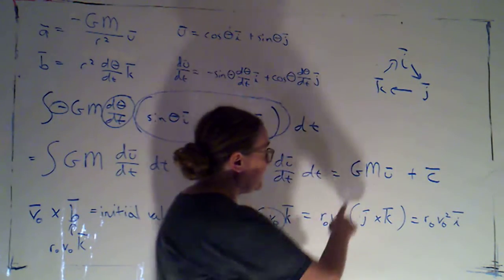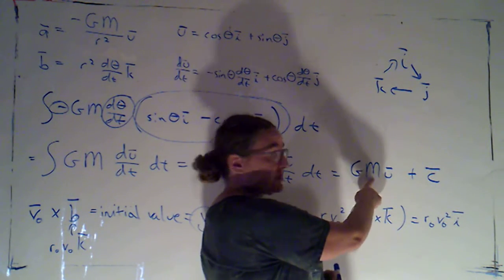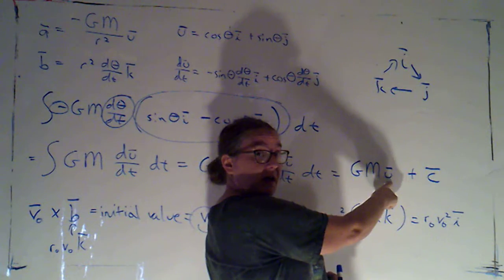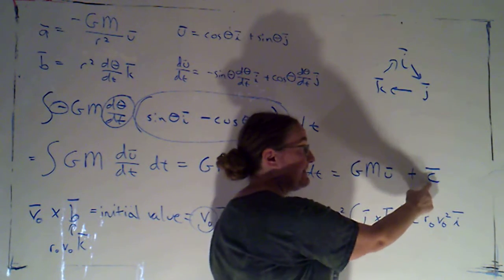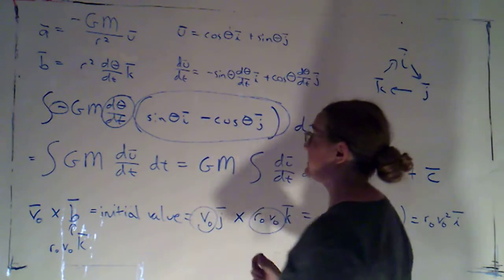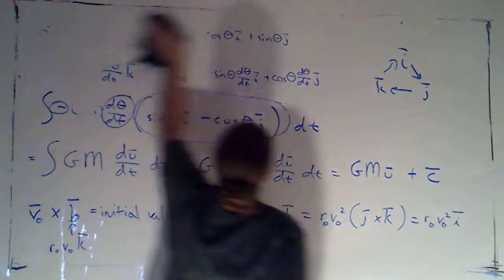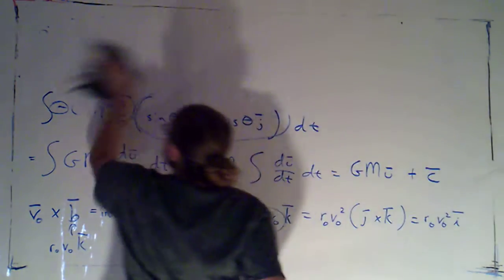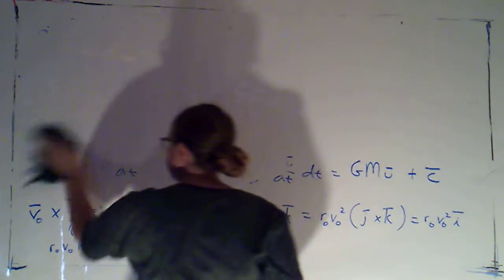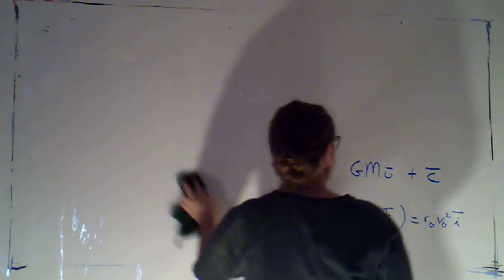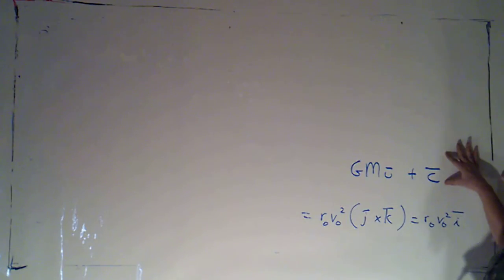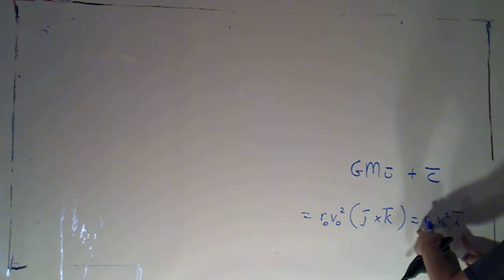Now if I look here, g and m are constants. u is a function of time. I'm going to need to evaluate that at time 0 as well, and then c is a constant that I'm trying to solve for. So let's clear some space. So we're saying this function at time 0 is equal to this.